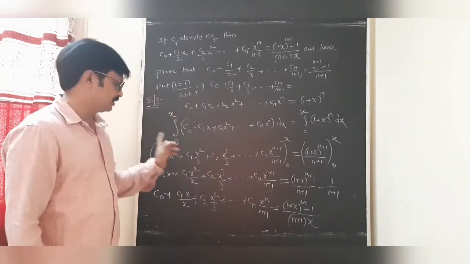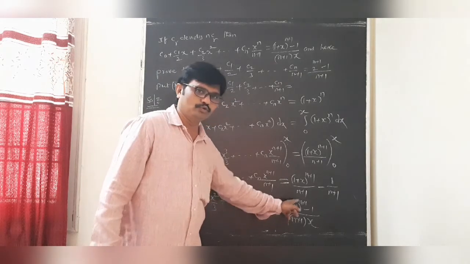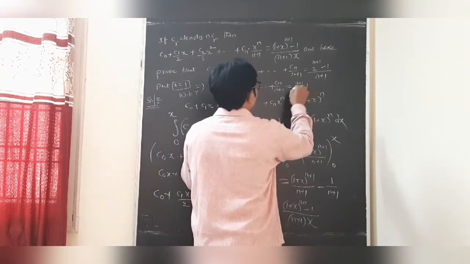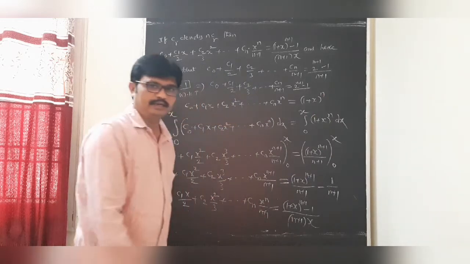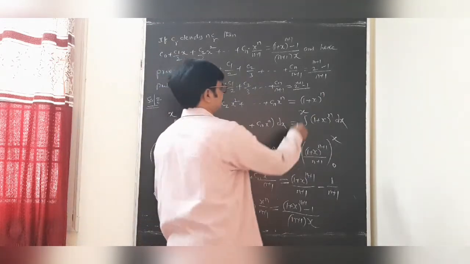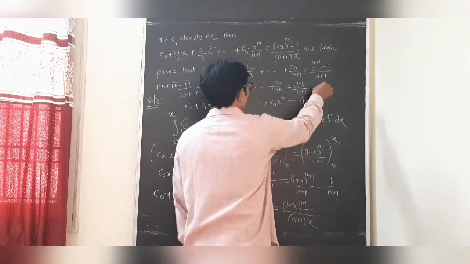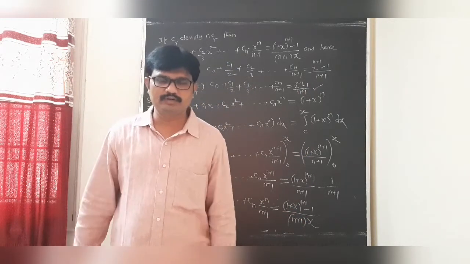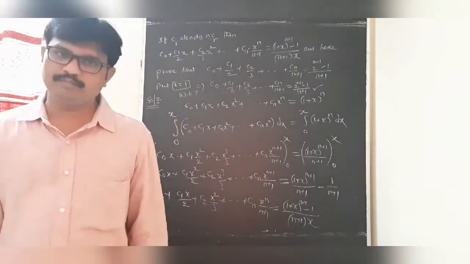That will be, students, 1 + 1 is 2, so 2^(n+1) minus 1 upon n + 1. Okay students, 2^(n+1) minus 1 upon n + 1. This is very important.